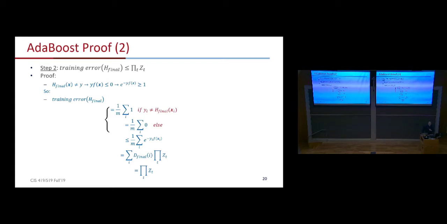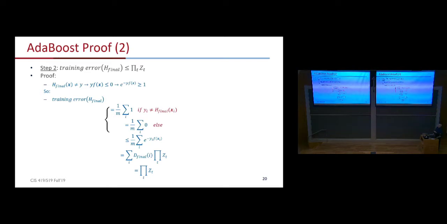So the first thing I want to say, again, is something that you should be comfortable with. If the final hypothesis made a mistake, it's different than y, it means that y times f of x is negative. It means that e to the minus this is greater than 1. Okay? I'm going to use this.